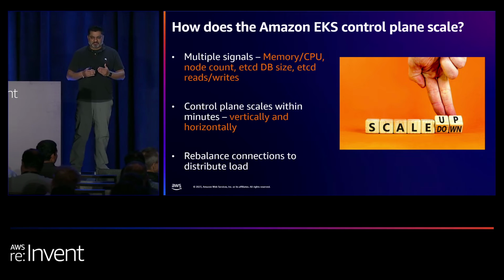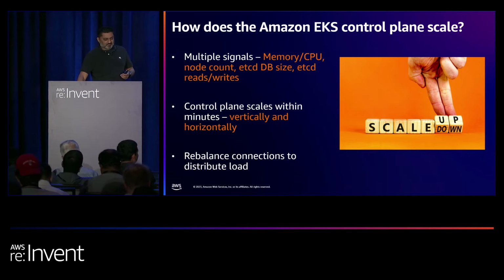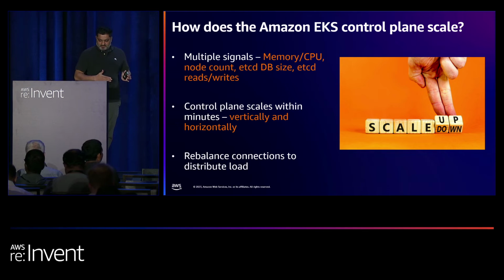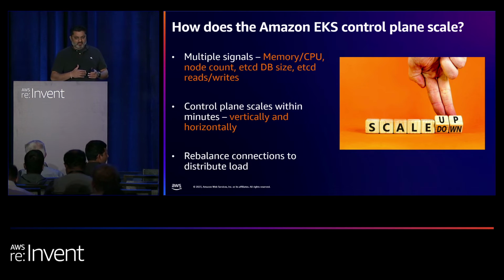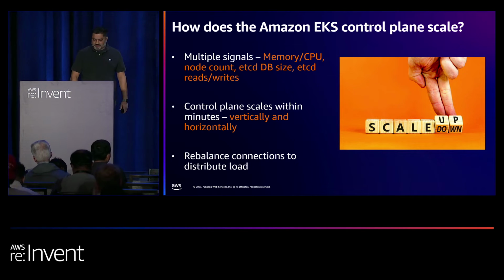It takes approximately 10 minutes to scale the cluster, and it depends on the exact type of operation that's happening. So if etcd needs to be scaled, or if it's just the API server that needs to be scaled, we do them independently, so you don't have to think about which one is getting scaled. We scale it vertically, and we're adding support for horizontal scaling as well.